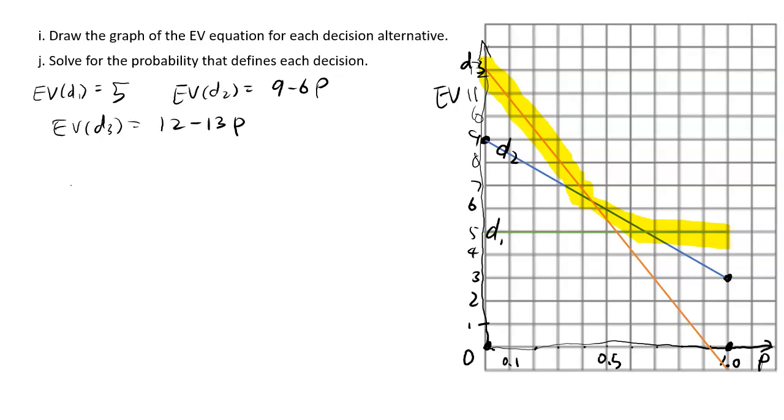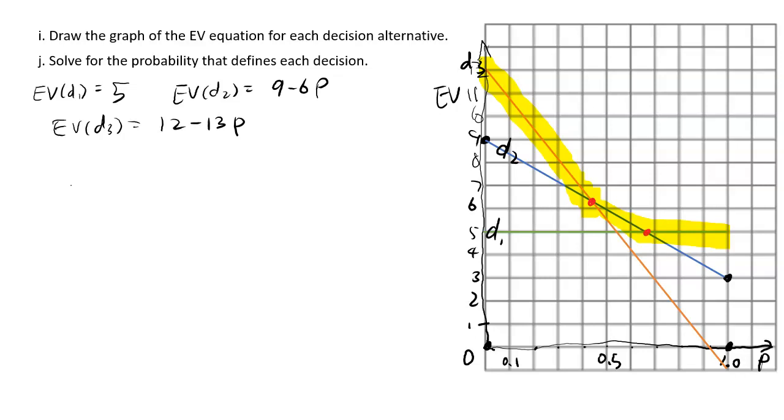So there are some intervals of probabilities where D3 is the most effective decision, and there's another interval of probability where D2 is the most effective decision, and there's still another interval of probability where D1 is the most effective decision. Now, to actually know exactly what spot this is, you're going to have to figure out these intersection points. So let's try to find these intersection points.